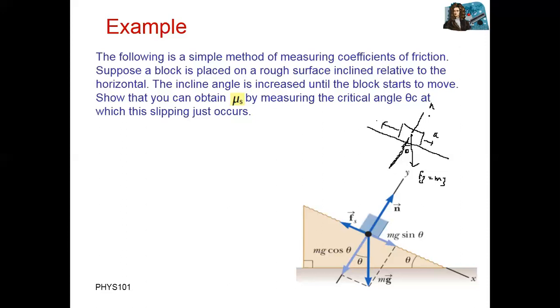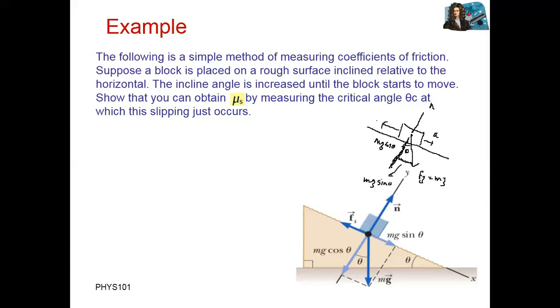The forces are the normal force and the gravitational force. The gravitational force also makes an angle with the normal. So there are two components of the gravitational force. If we have mg as the gravitational force, this one is the horizontal component. This side is actually mg cosine theta, and this side is mg sine theta.